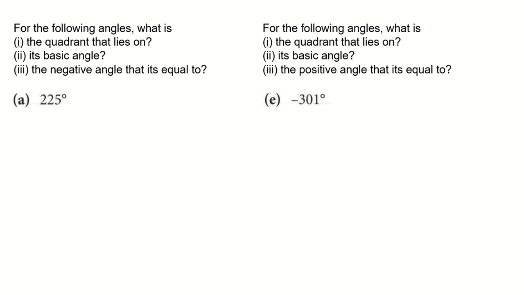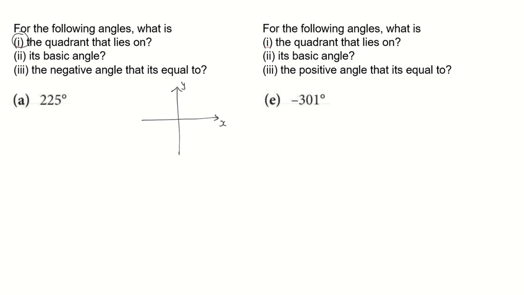Now I'm given two different angles, 225 and negative 301. Let's start with the angle 225. What is the quadrant that it lies in? To do this, let's draw the 4 quadrants out. Whenever we start to draw an angle, we have to take note of whether it is positive or negative and how much it turns.